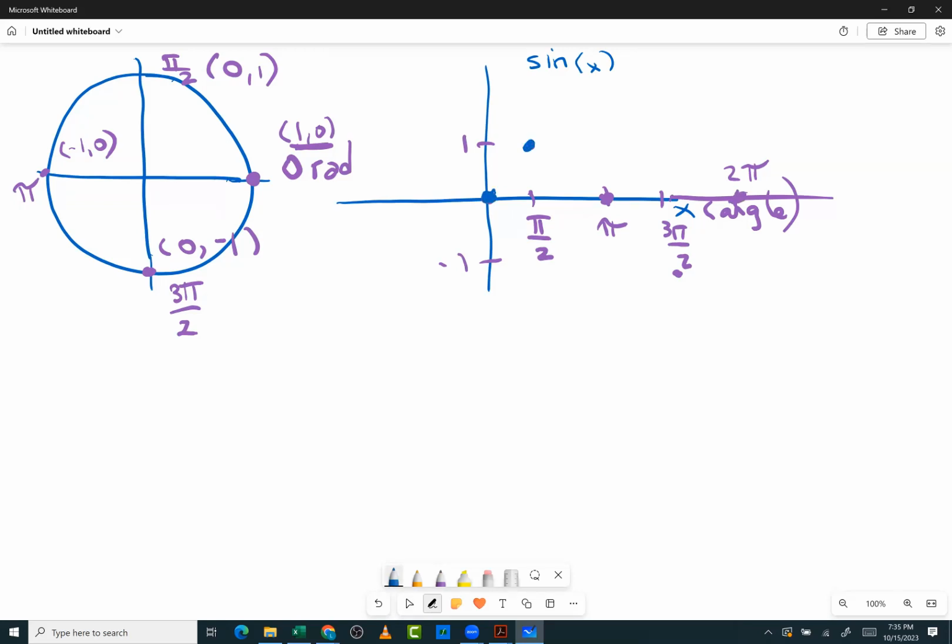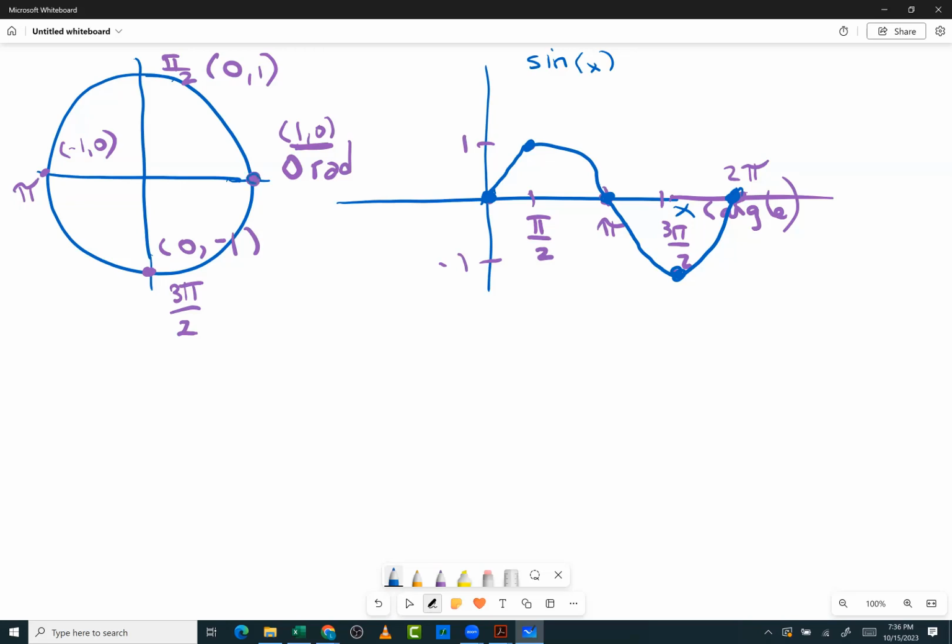And it makes the curve continue. Exactly. Now, there's my sine graph, and it looks nicer than that. I can see basically what's happening there. This is one cycle.